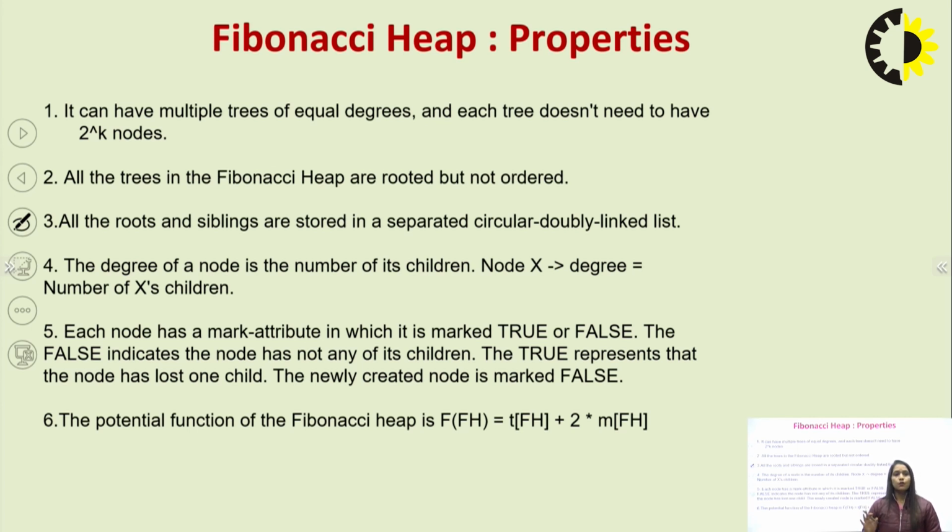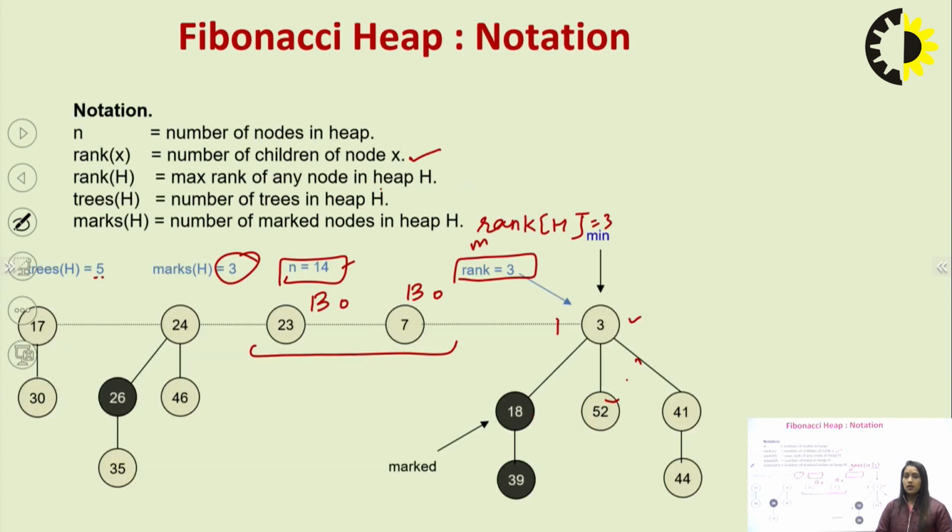Now next point is all the trees in a Fibonacci heap are rooted but not ordered. This point I have already discussed, that in this heap we do not use ordered trees, right? Like in binomial heap we use B naught, B1, B2, B3.